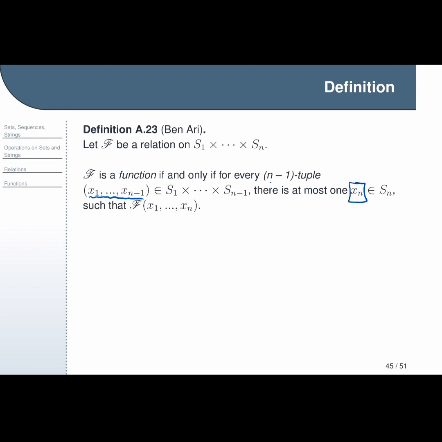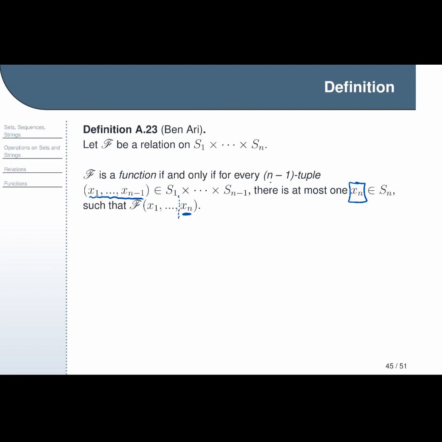So what we're doing here is making this separation between the last element of this tuple and everything that comes before it. And the reason we're doing that is to give us this notion of what's an input and what's an output. In this case, everything up to and including x sub n minus 1 is the input, and you want to think of the x sub n as the output.